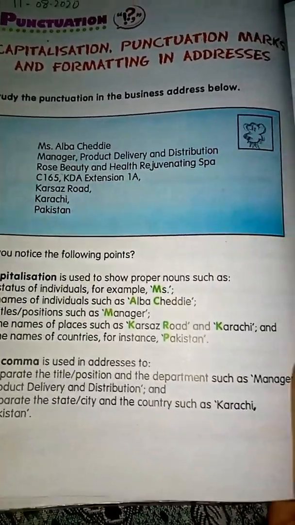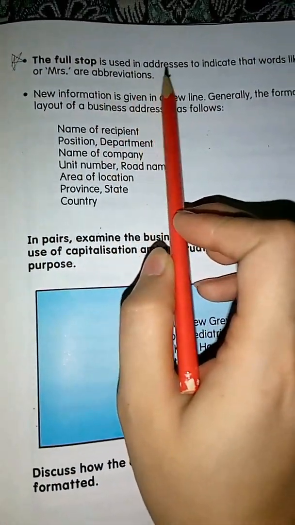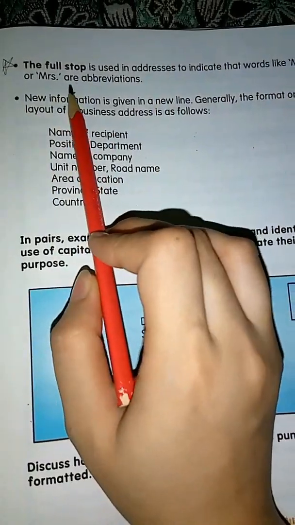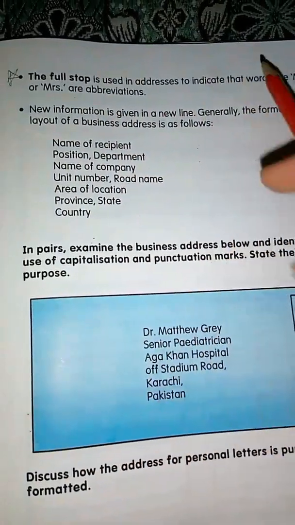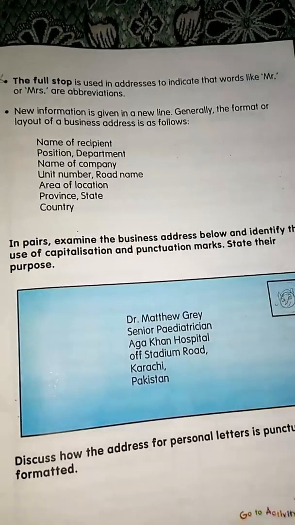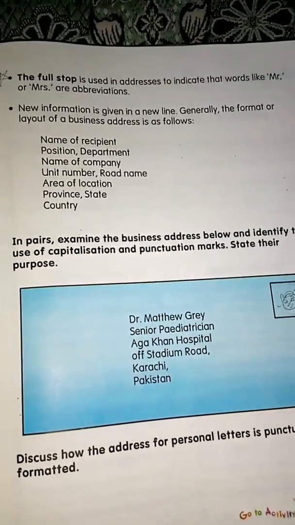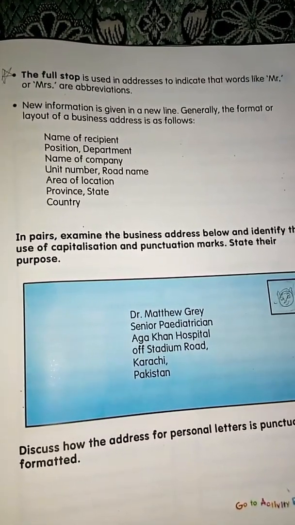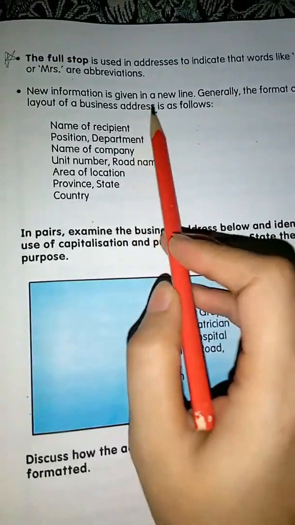It is clear that Karachi is a city and Pakistan is a country, and Karachi is the city of Pakistan. Then the full stop is used in addresses to indicate that words like Mr. or Mrs. are abbreviations. Thus the full stop is telling us that Mr. and Mrs. are abbreviations of some word. Then new information is given in a new line.